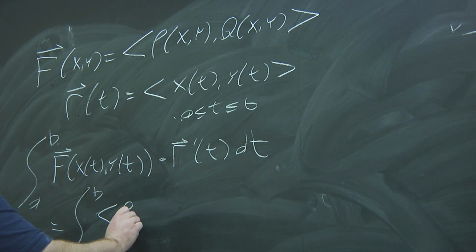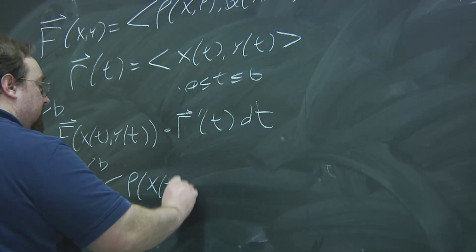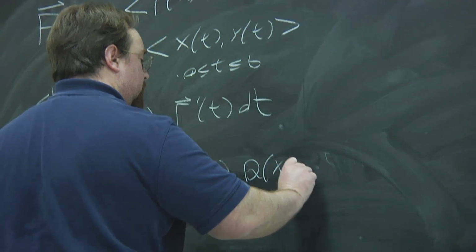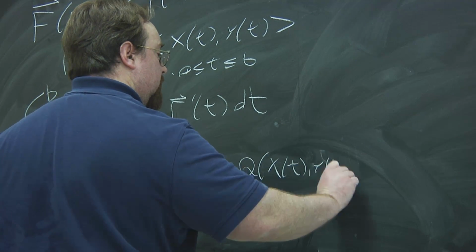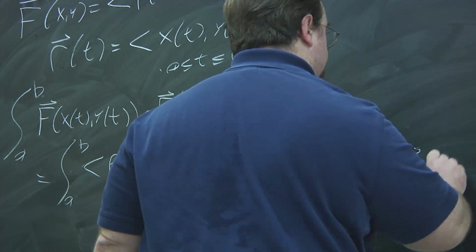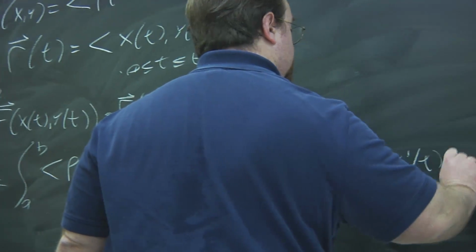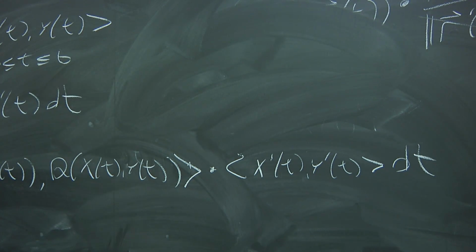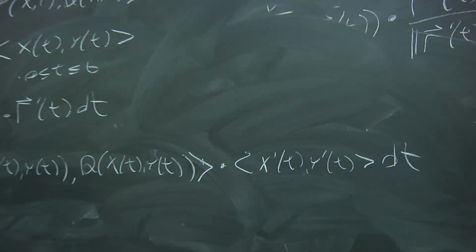So we're going to have P and Q, dot product with x prime of t, y prime of t, dt.